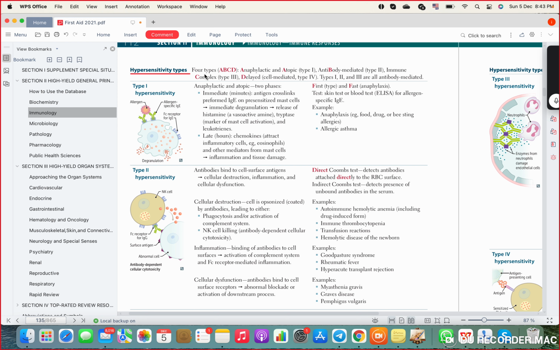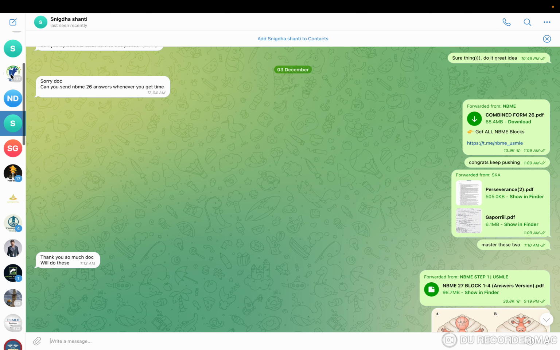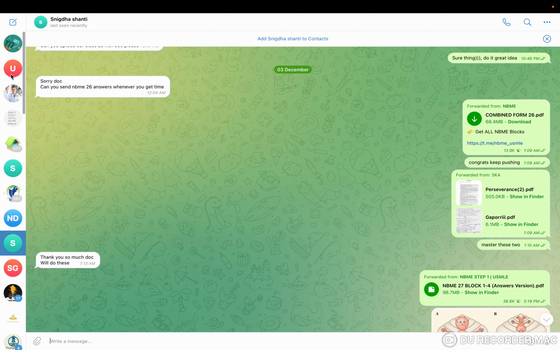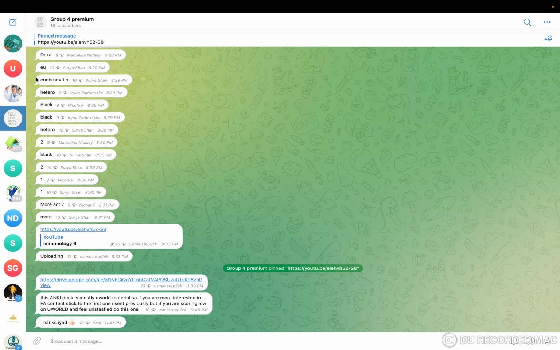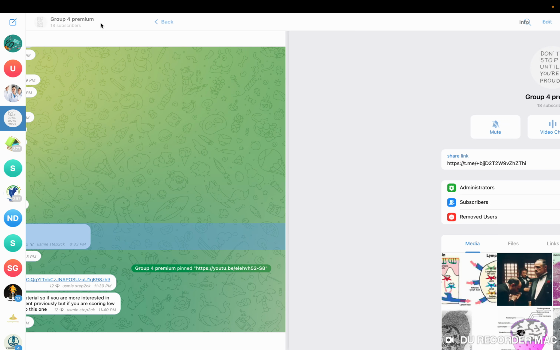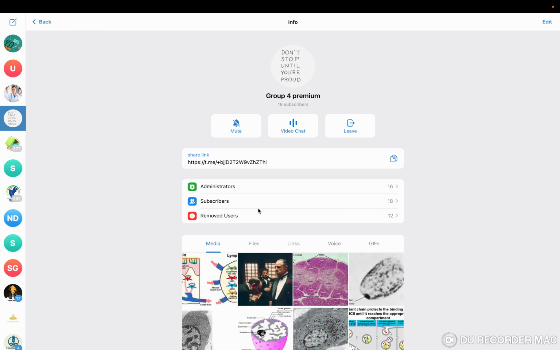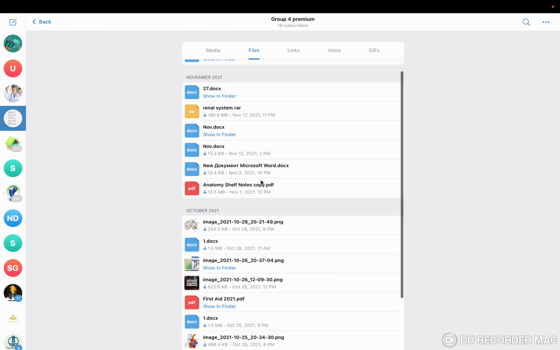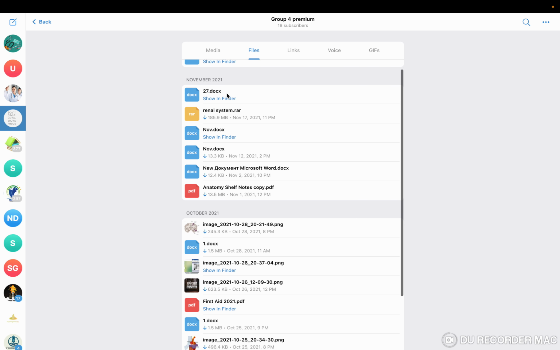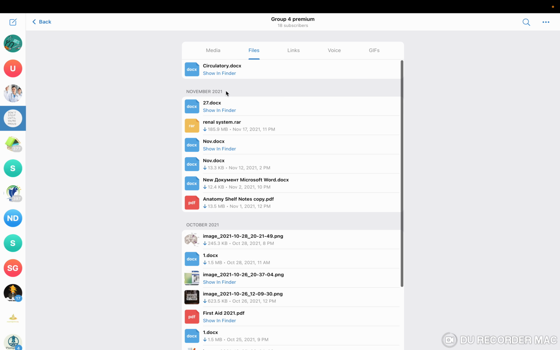So, Sushant is just telling that there's a document about all the epithelium. Yeah, I sent it already. He sent it to you. Can you send that to me once, Doc? Yeah, of course. He's just not able to find it. Just a second. Files. So this group has all the files, Doc?